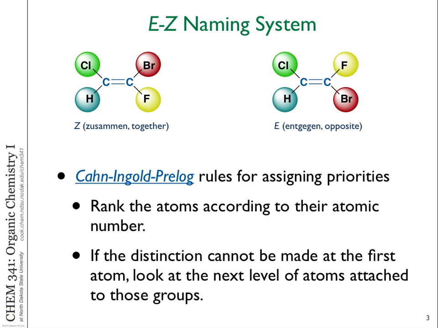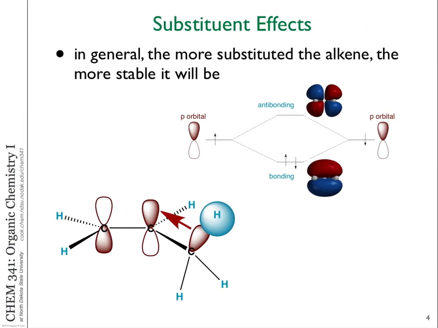If 2 atoms on one side of the double bond that are connected to the carbon are the same, then you need to look at what those are connected to and go out until you make a distinction. If you have trouble with that, please do more problems on that.